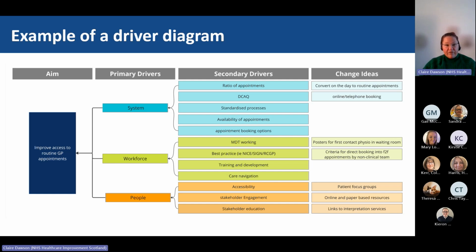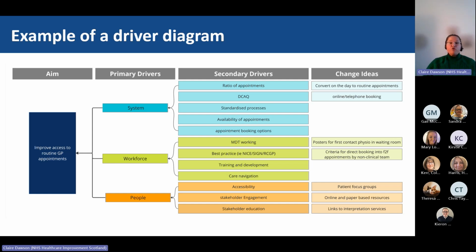Or it could be that you add them in as you've started to work on them. Some people choose not to put their change ideas into their driver diagrams and simply have their aim, primary and secondary drivers. You use it in the way that works for you. If it's helpful to have your change ideas there to be able to document them and visualize them for the team, then put them in. If it doesn't help, then you don't put them in.